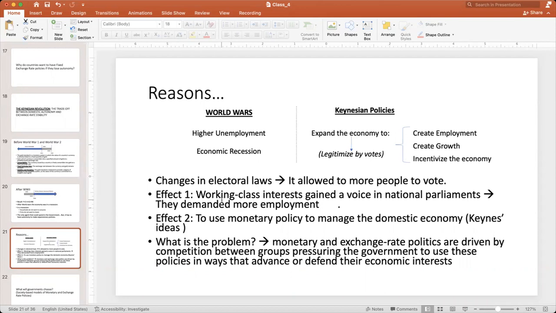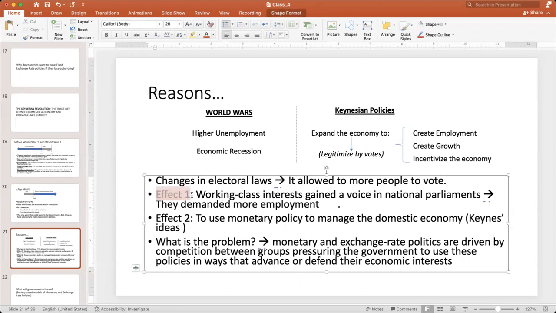Why? Because there was a change in electoral laws. Electoral laws changed because they allowed more people to vote. And there were two main effects. Effect number one was that in these electoral changes, working class interests gained a voice in national parliaments.